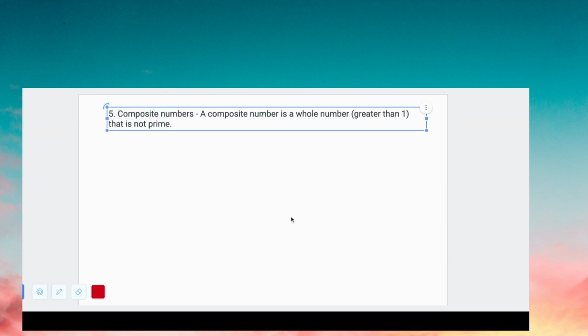Now, composite numbers. A composite number is a whole number greater than 1 that is not prime. Like prime numbers, composite numbers are divisible by 1 and by themselves, but they can also be divisible by other numbers.